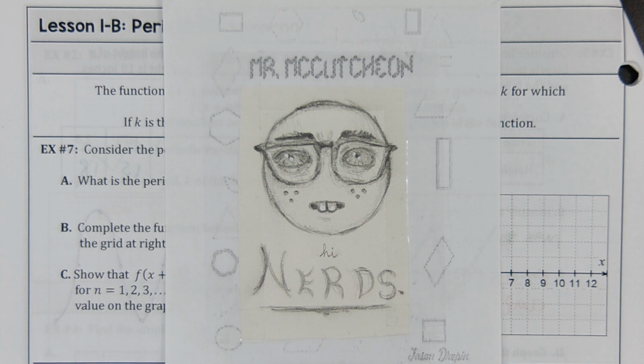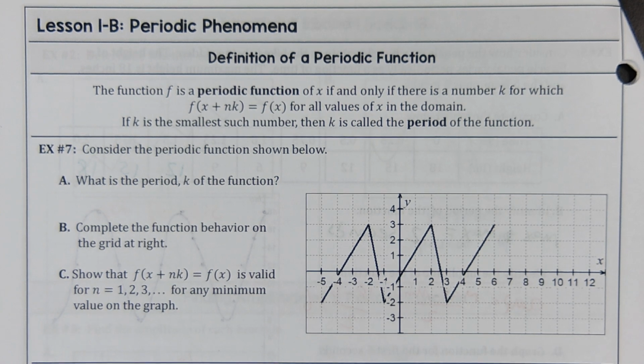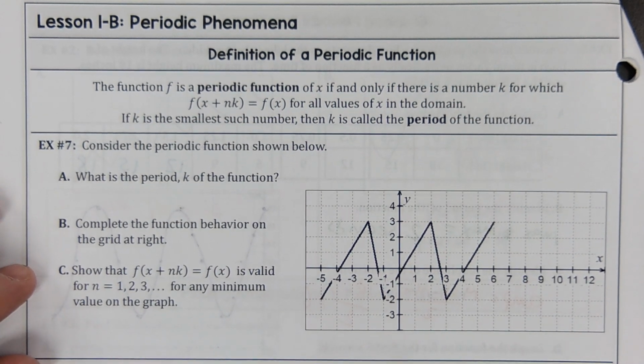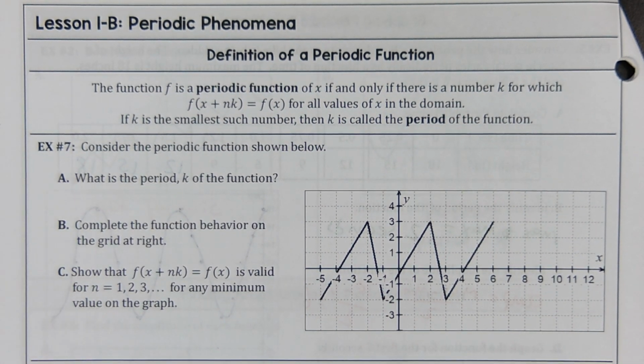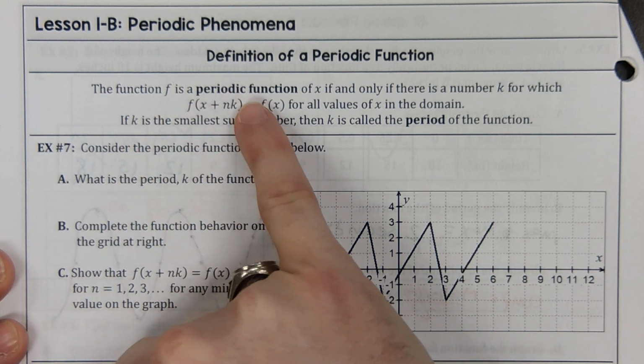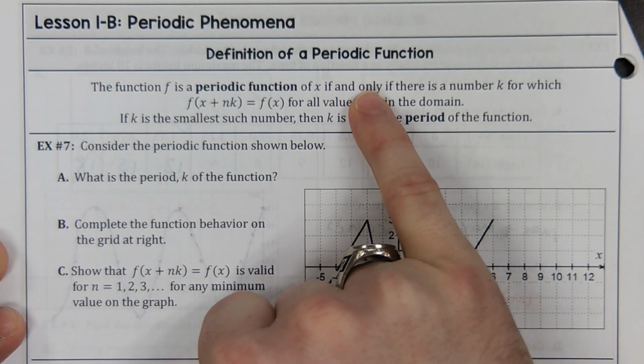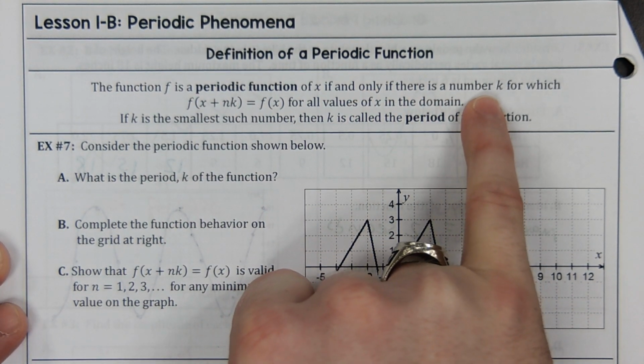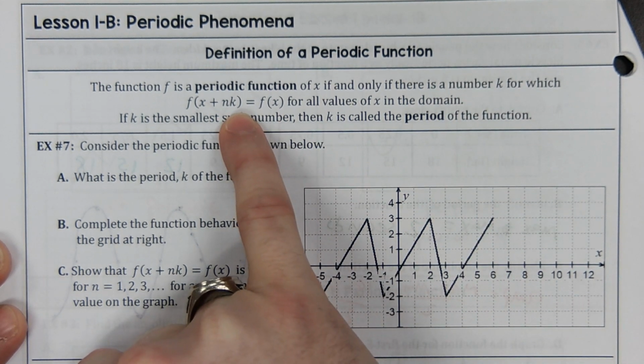Okay, anyway. We're going to go ahead and finish up this lesson on periodic phenomena. So what is the definition of a periodic function? The true definition says a function is periodic if and only if there is some number k that makes this a true statement.